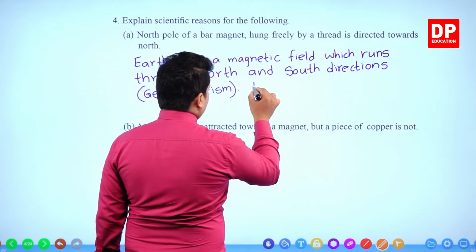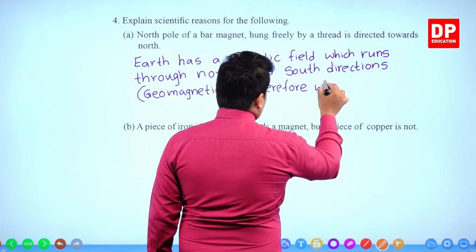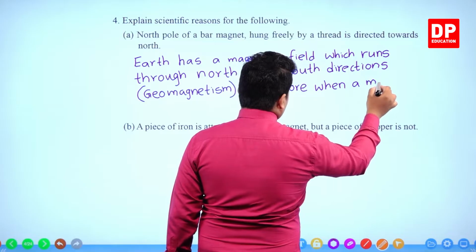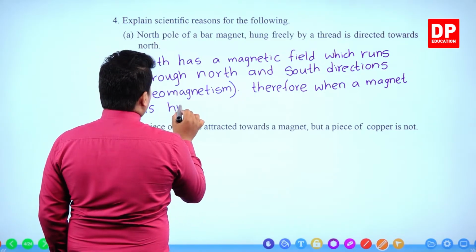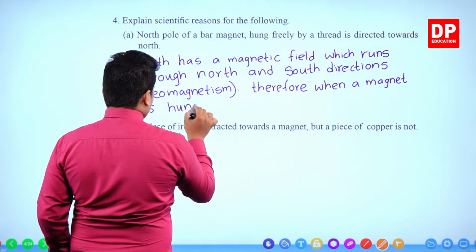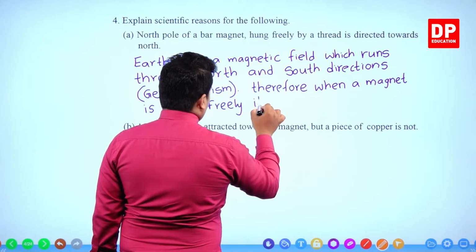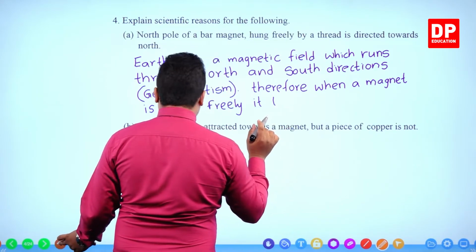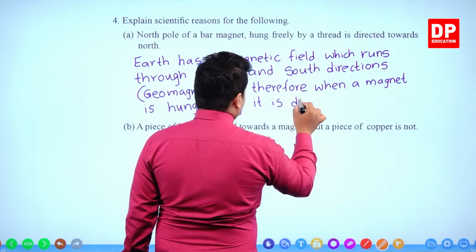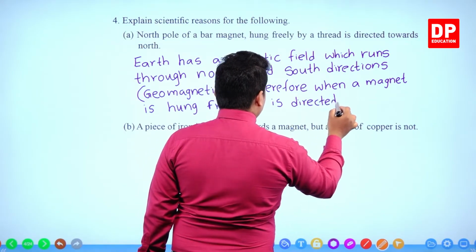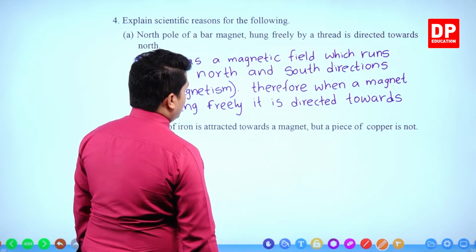So therefore, when a magnet is hung freely, it is directed towards north.